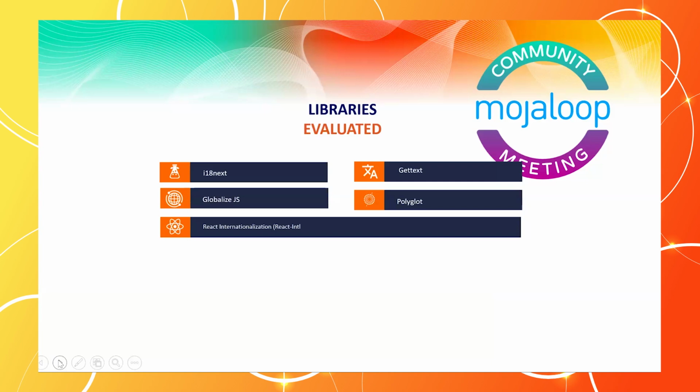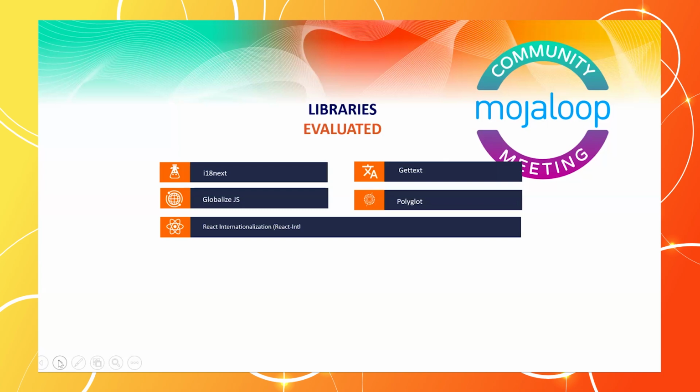Number one was compatibility with our technology stack. And number two is the support that each library has in terms of the community. How good is the support? If we have an issue, are we going to get support? And is support still ongoing or cut?